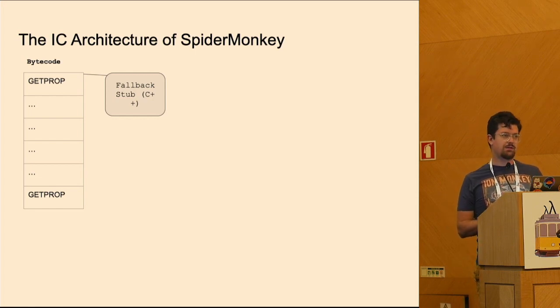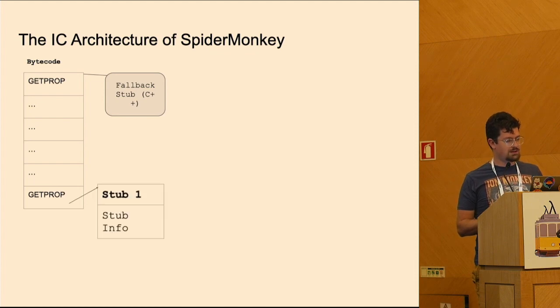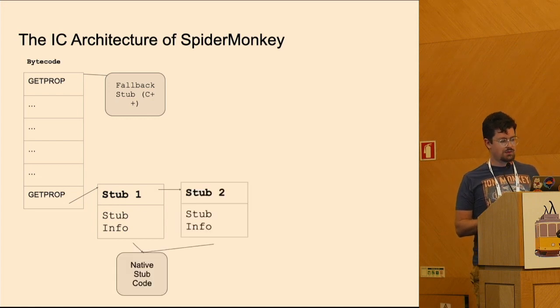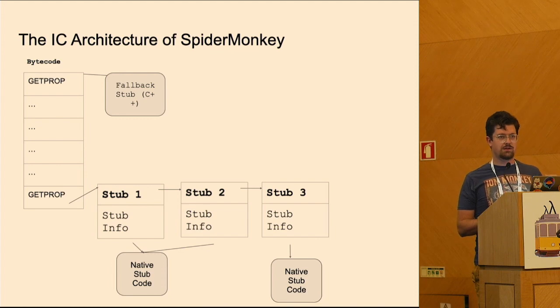So you've seen, for example, the addition of an integer to an integer. Well, this is a point at which you would say, let's add a stub. So the stubs form a linked list, and so we'll have stub 1, stub 2, stub 3, stub 4, and each of these will point to native code that actually implements the operation. And the chain will always end in the fallback stub, so you can always handle every single case.